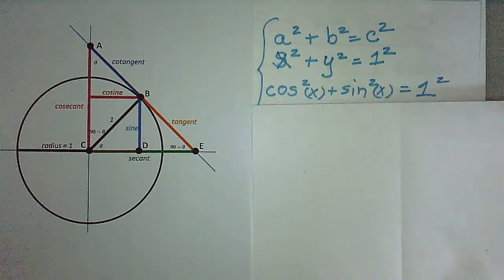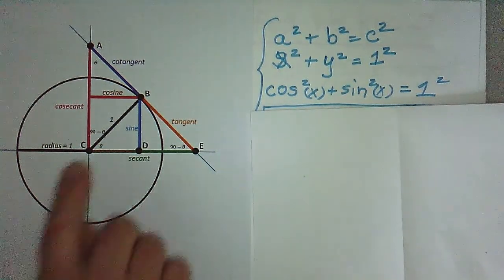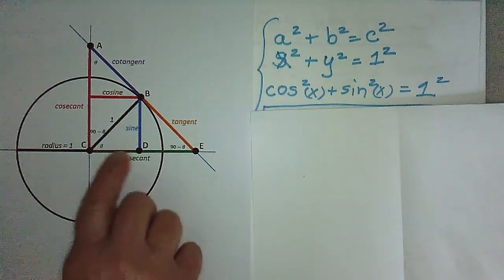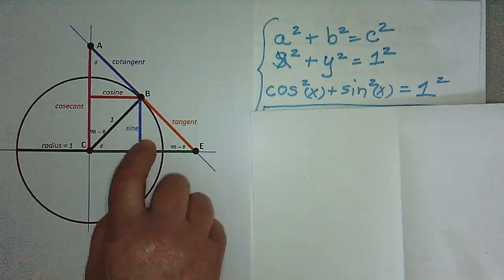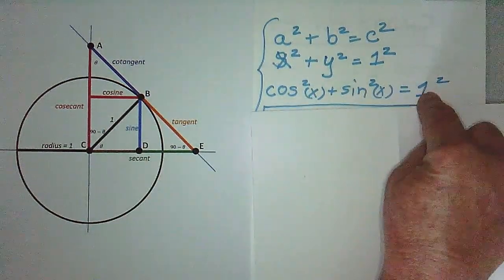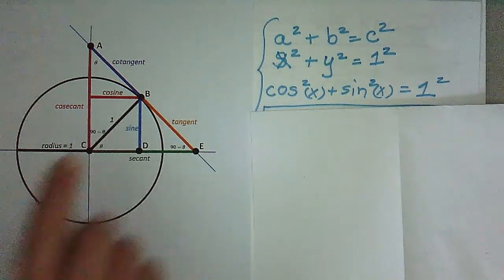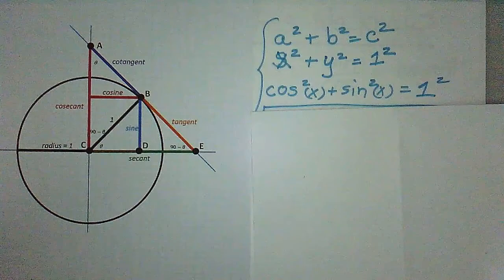And then we furthermore decided that this value was your cosine and this value was your sine, and that when you squared both of these and added them together, you get 1. 1 squared is just 1.